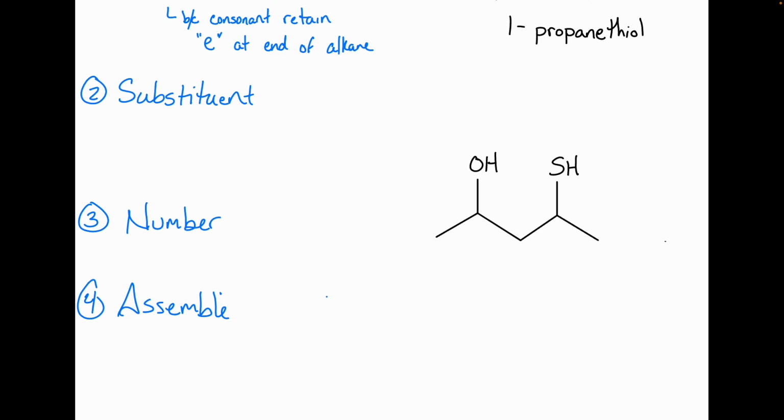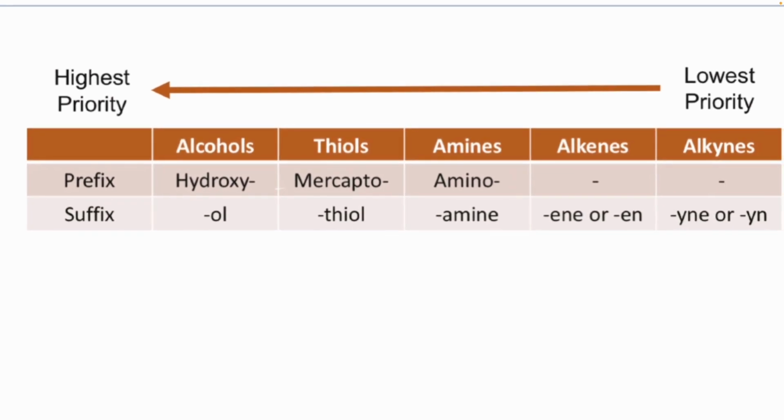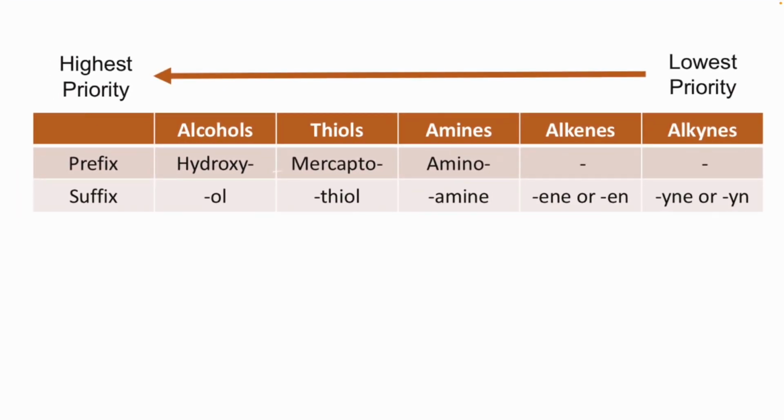So this is a subset of that list. Alcohols are the functional group that at this point in our course have the highest priority. We've talked about amines. We haven't talked about the nomenclature, but I'll leave it up here so that we have an example. And then we have our thiols. Both of these are lower priority groups than an alcohol group.